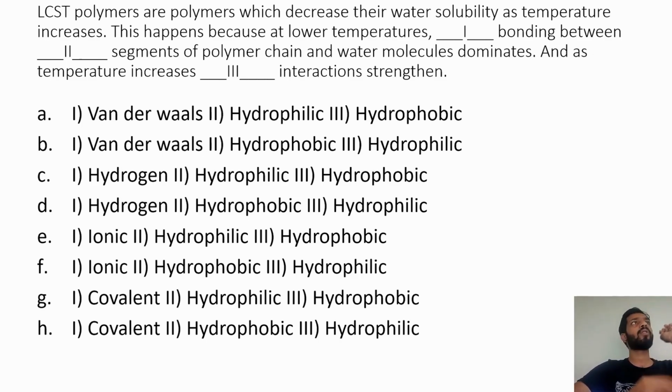There is some bonding that dominates the hydrogel's water permeability and size, right? What could it be? And as the temperature increases, which interactions increase that cause this hydrogel to shrink?